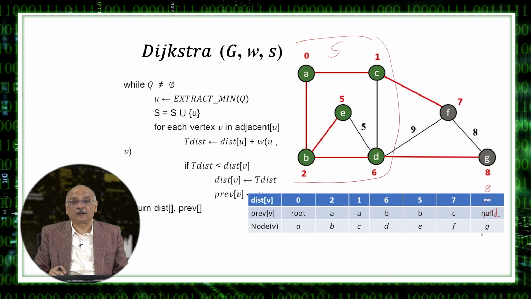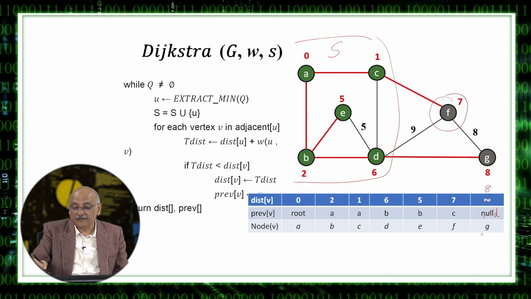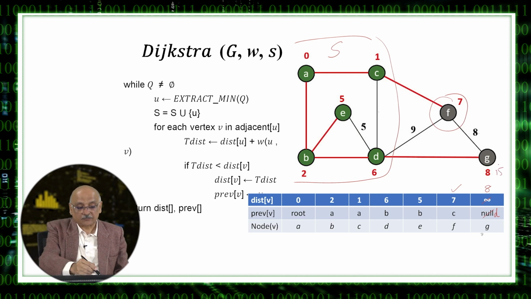Still the algorithm is not yet completed. From 7 and 8, which one will be picked up first? Obviously the 7, so F will be added now. Since F will be added, will F cause any change? The adjacent node to F is G definitely, but 7 and 8 makes it 15.